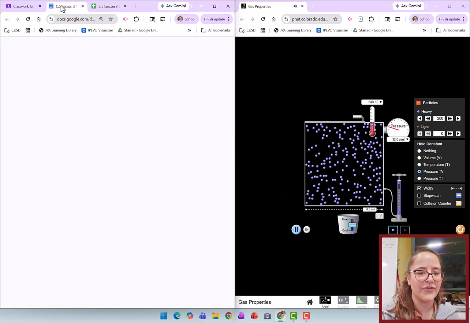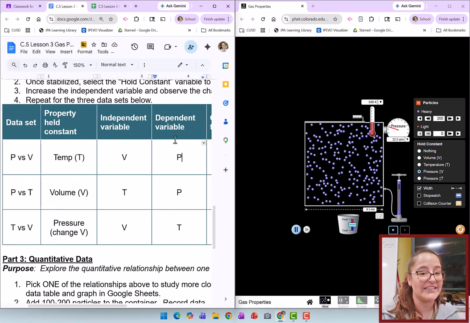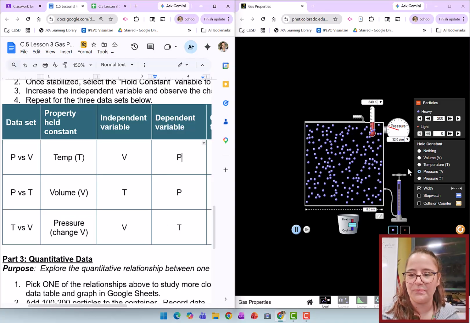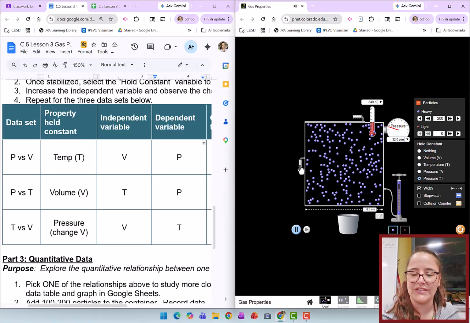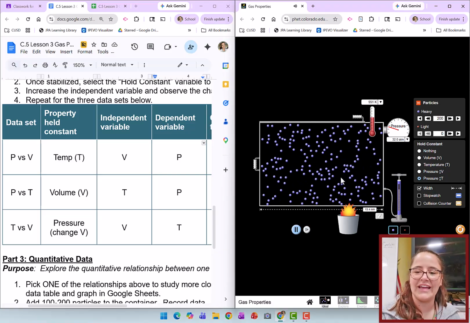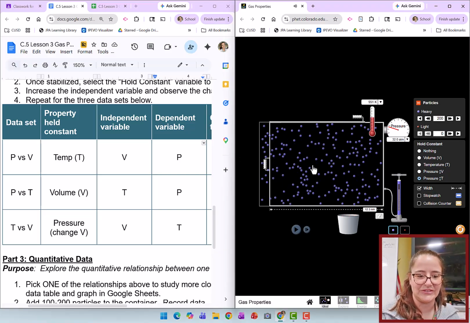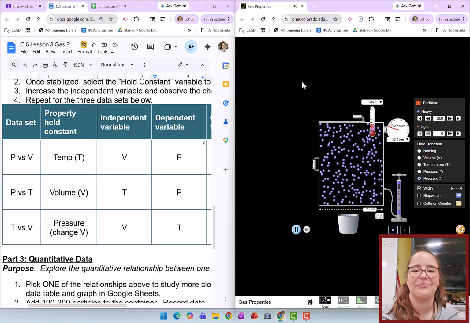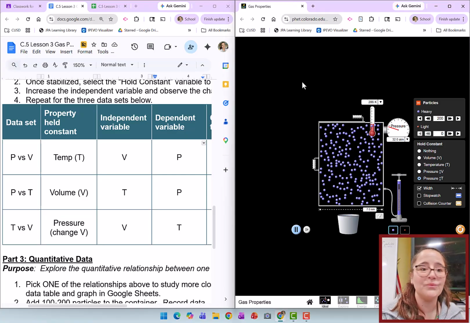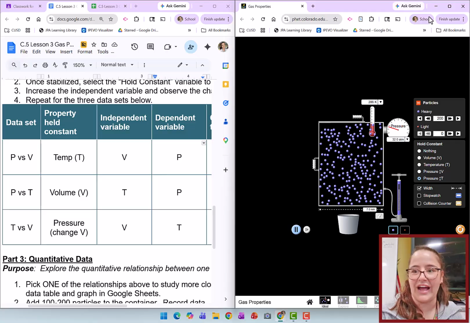But for this one, we changed the volume and kept the temperature constant. Okay, cool. So now let's graph it.